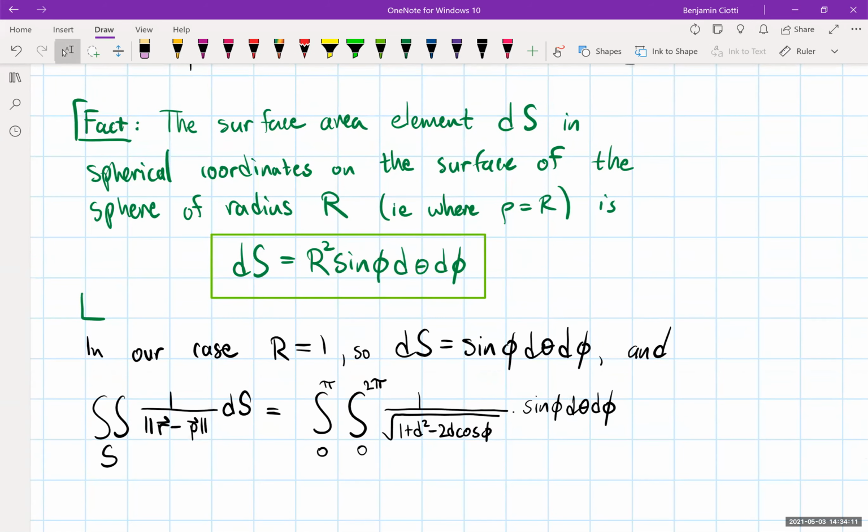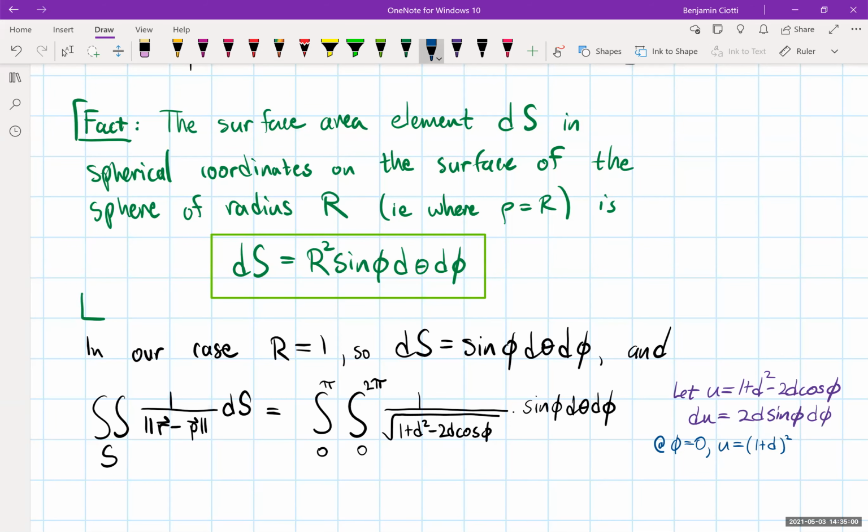And while you're formulating that, I'll do a substitution to evaluate the integral by, let's say, u equals 1 plus d squared minus 2d cosine phi. du is 2d sine phi d phi. At phi equals 0, u equals 1 plus d squared minus 2d.